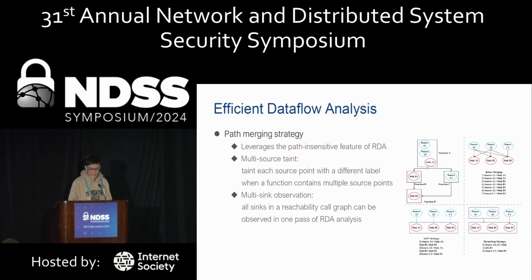For the function that contains multiple input source points, we could taint each point with a different label at the same time and track the taint propagation in one pass. And for multi-sink observations, all reachable sinks in the same call graph are covered in one reaching definition analysis. By analyzing so many source and sink pairs at a time, HermeScan avoids many redundant analysis procedures.